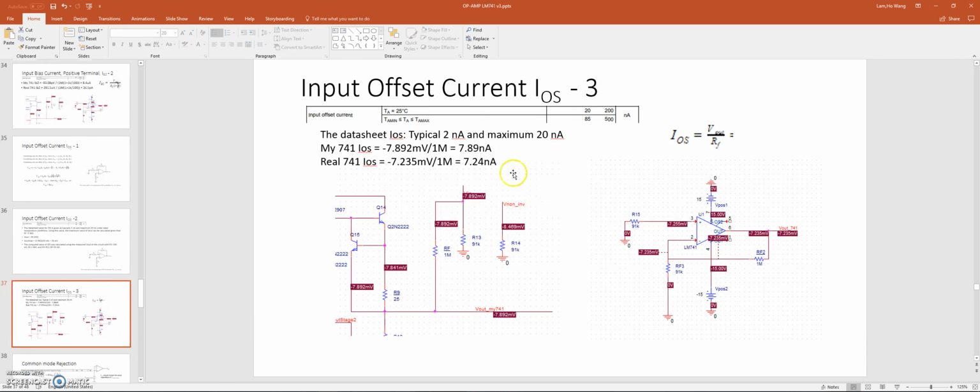And then here's our value. The actual one has 7.2 nano, which is still in range. Our input offset current is close to the actual one, which is good: 7.89 nanoamp.